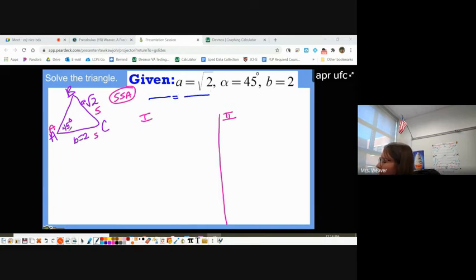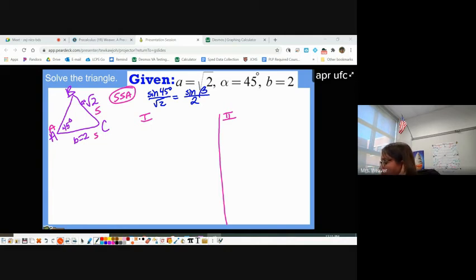So the angle on the side opposite of it, we know the sine of 45, is to root 2, as the only other side we have, which is 2, and that's opposite angle B, so I'm going to do sine beta.